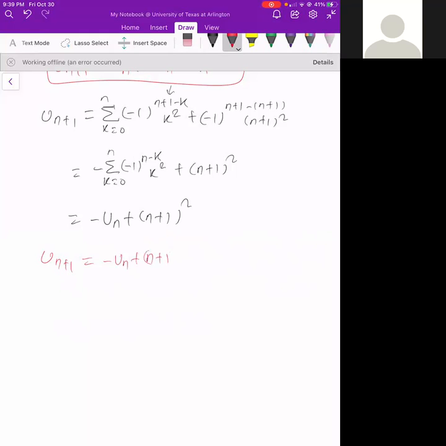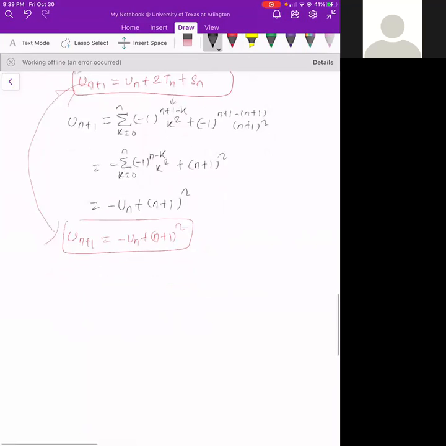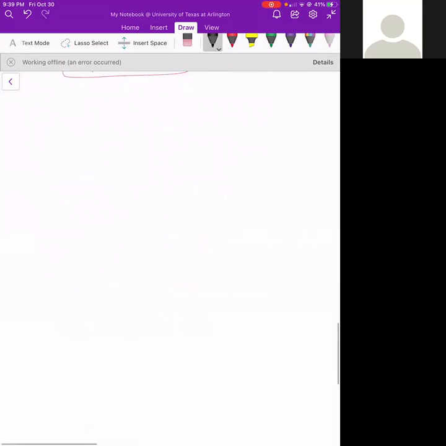Now we've got our evaluation of U_(n+1) by splitting off the last term as minus U_n plus n plus 1 squared. All right, so now I'm going to compare these two and try to find an expression for U_n. That will give me that U_n plus 2T_n plus S_n equals n plus 1 squared minus U_n. Which gives me 2U_n equals n plus 1 squared minus 2T_n minus S_n.